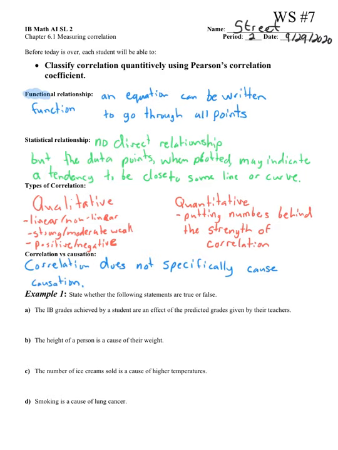So the first example today says, state whether the following statements are true or false. The first one's kind of weird: the IB grades achieved by a student are an effect of their predicted grade given by their teachers. When we do IB testing, I have to give what I call a predicted grade to the IB board. Then we find out your actual grade from the IB exam.